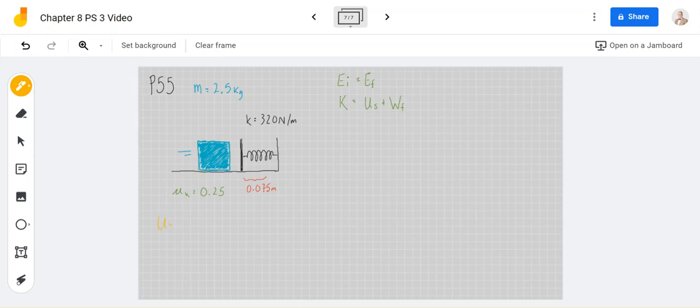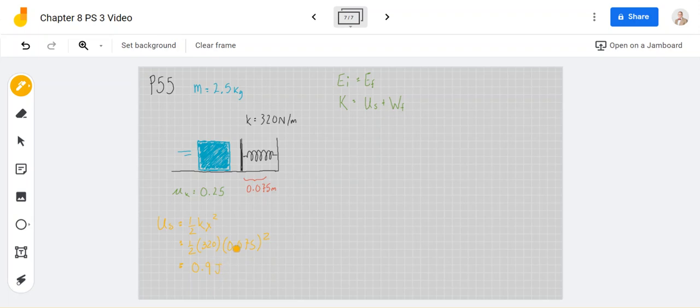So I'm going to use 1/2 k x squared. The k, it tells us, is 320. It compressed 0.075. Don't forget to square it. And I got 0.9 joules. So that's how much energy is stored in the spring.